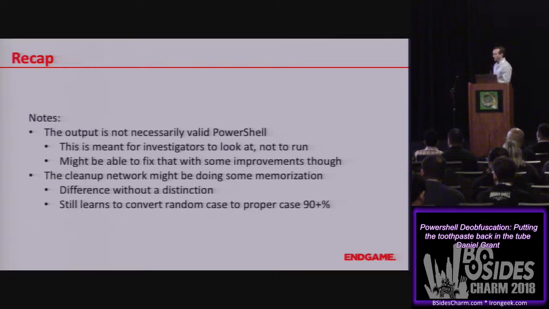And as a note about machine learning in general and the cleanup network specifically, there's a chance that it's overtraining a little bit and doing some memorization. This is a problem with machine learning, especially with neural networks. But for the purpose of this, I'm going to argue that that's sort of a difference without a distinction. If it's learning how to handle randomly cased variables and then output a correctly cased variable that it memorized that fits the pattern, that's solving the same problem we set out to solve.